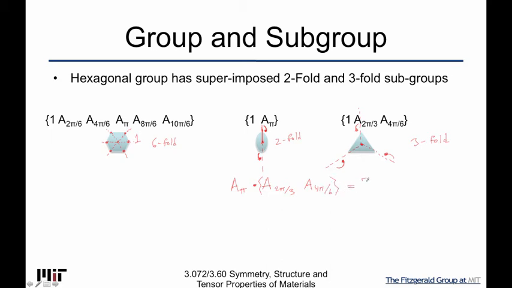What do I get, right? Well, let's start with this pattern I already drew here for the threefold. What you're going to get is that this guy, with a twofold axis, needs to be reproduced over here.